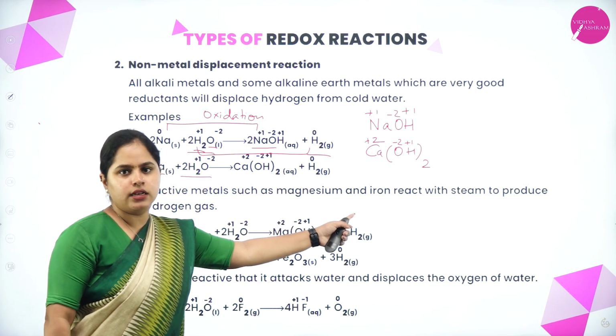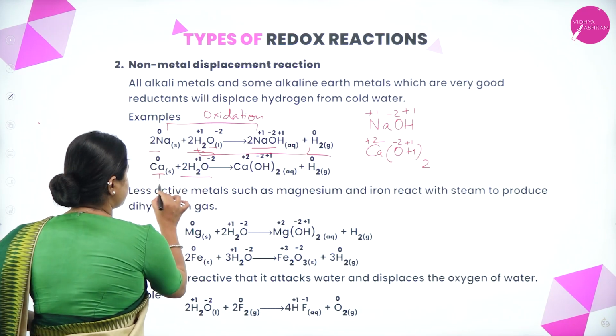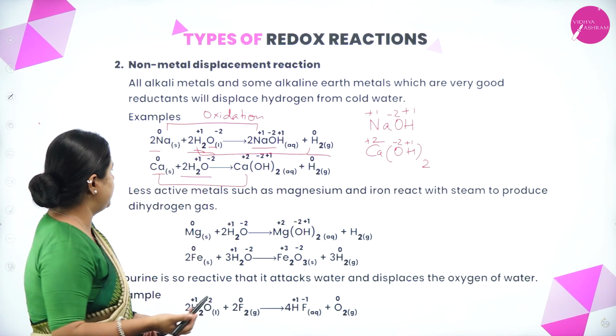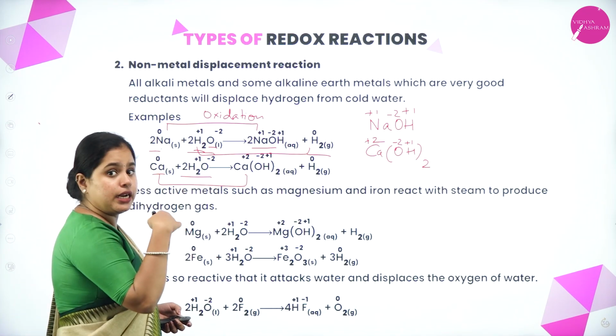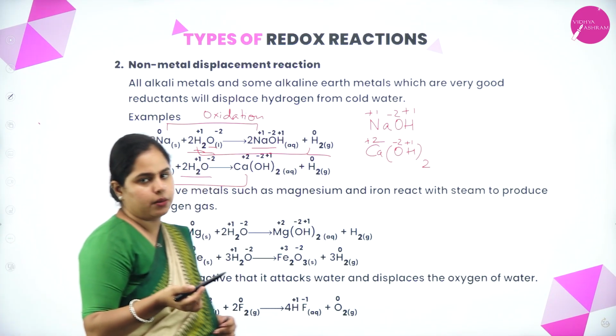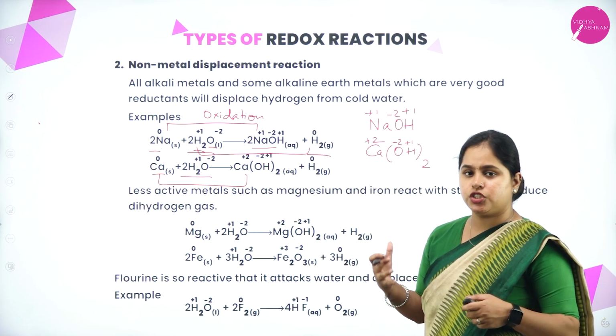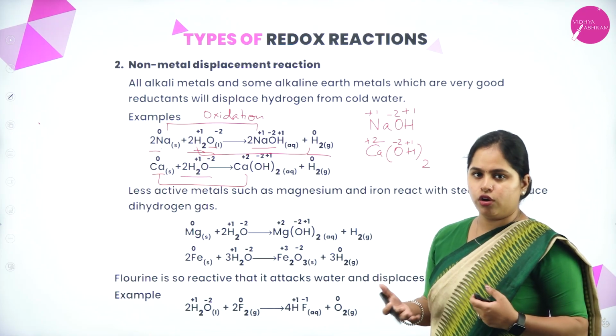Now hydrogen again is 0. So calcium, what happens from 0? It has increased to +2. So it is oxidation. And hydrogen has reduced from +1 to 0. There it is reduction which is taking place. So I hope it is clear. These two examples were regarding good reductants which can replace hydrogen from cold water itself.